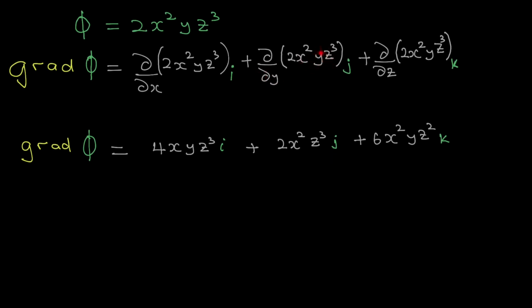If you differentiate y, you get 1. So therefore you get 2x squared z cubed j. And then we differentiate with respect to z by keeping x and y constant. So you bring the 3 down, 3 times 2, that's 6. And then 3 minus 1, that's 2. That's how you get that.